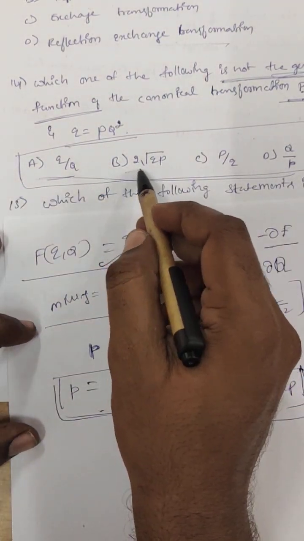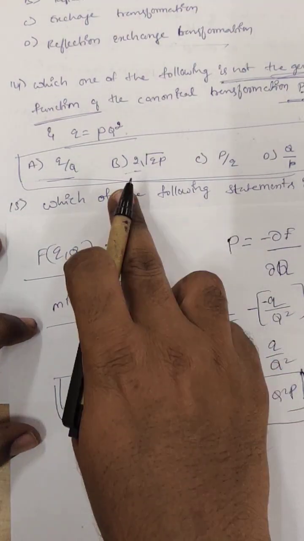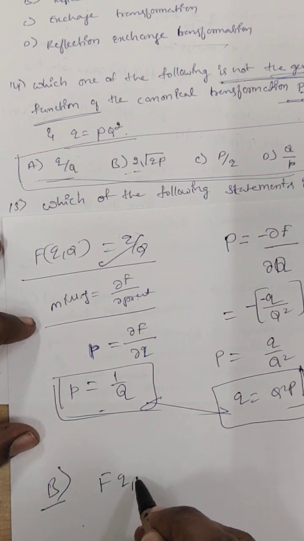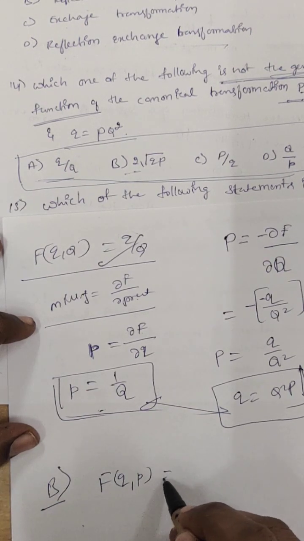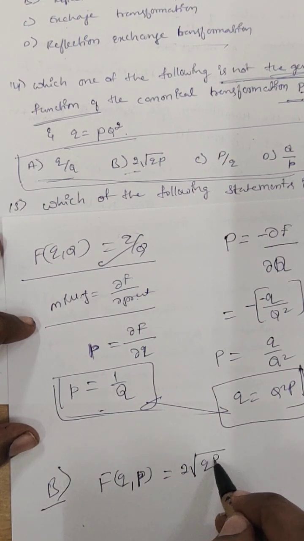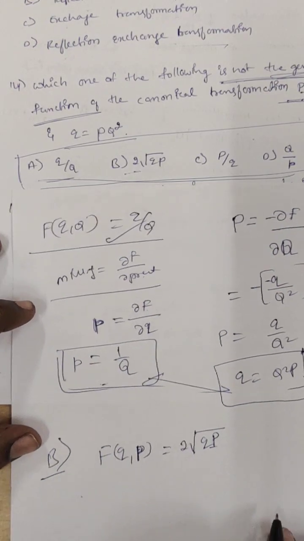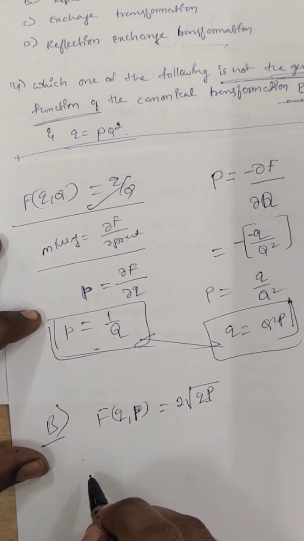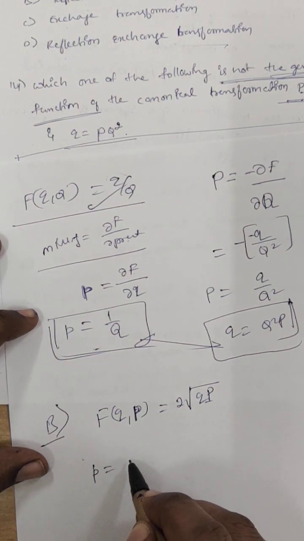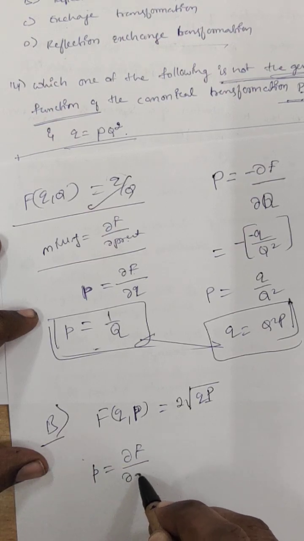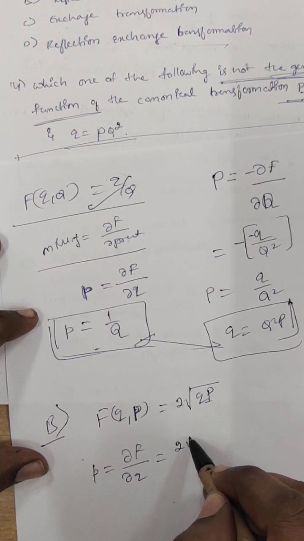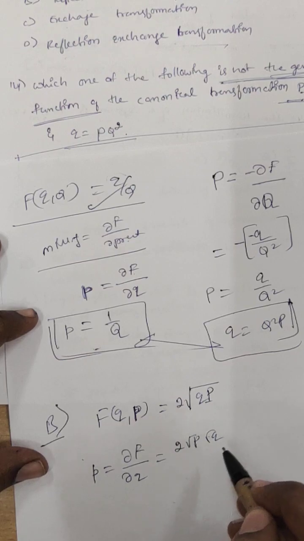Next, I am taking B. Here F of q comma P is given, which is equal to 2 into root of q into P, capital P. Now let us differentiate this. The present variable is q and the missing one is p. So p is equal to ∂F by ∂ the present variable. Let us take this as 2 into root P into root q.